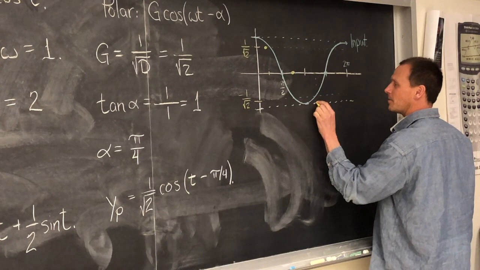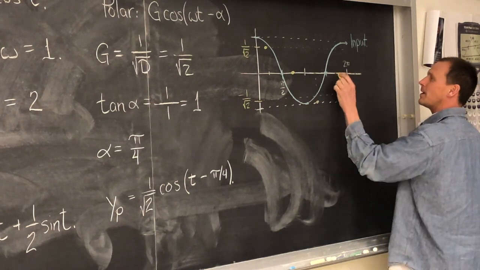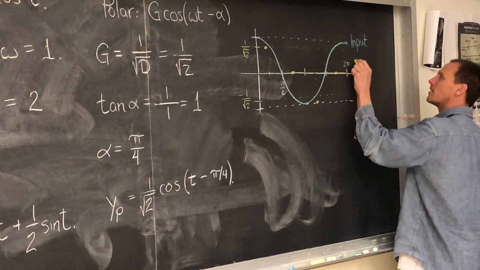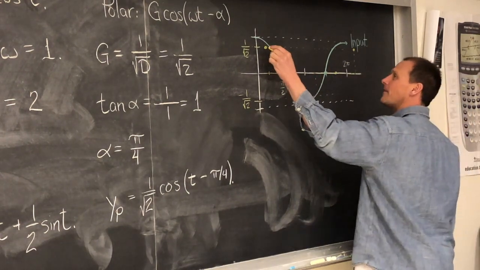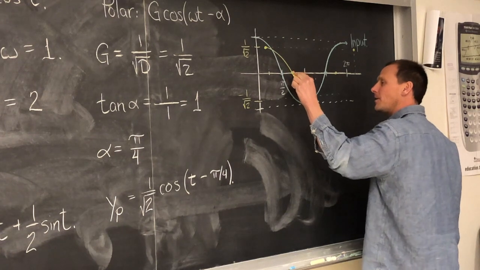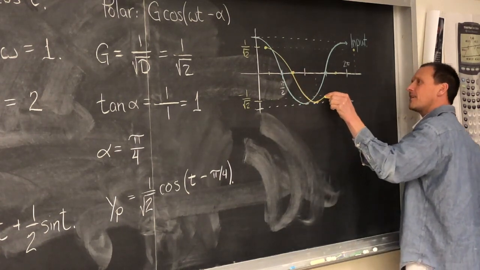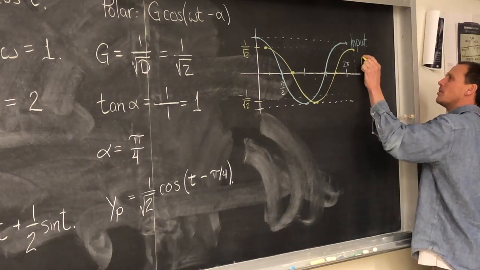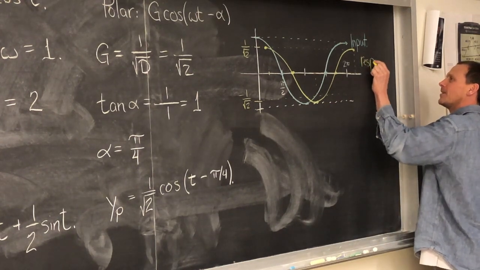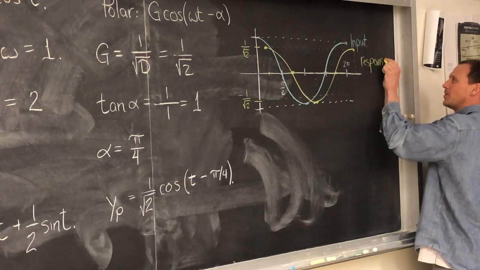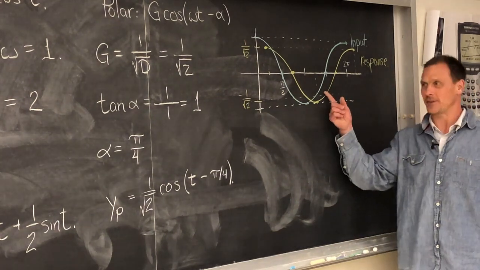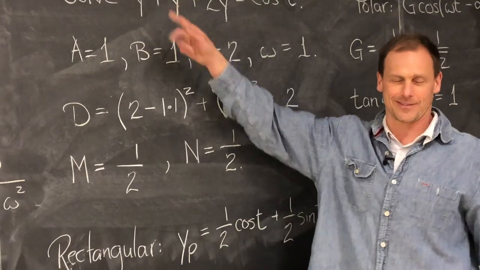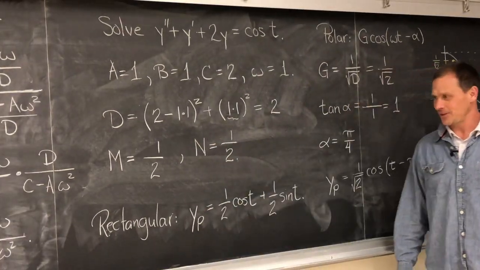I'm at the bottom over here. Everything is shifting to the right now by pi over 4. So my response is the yellow. This is the output or the response to the input. And what does that come from? It's caused from our damping coefficient right there. I hope that helps. Thanks for watching.